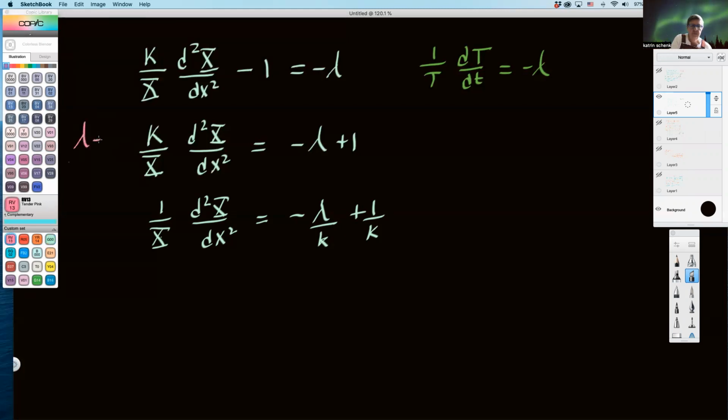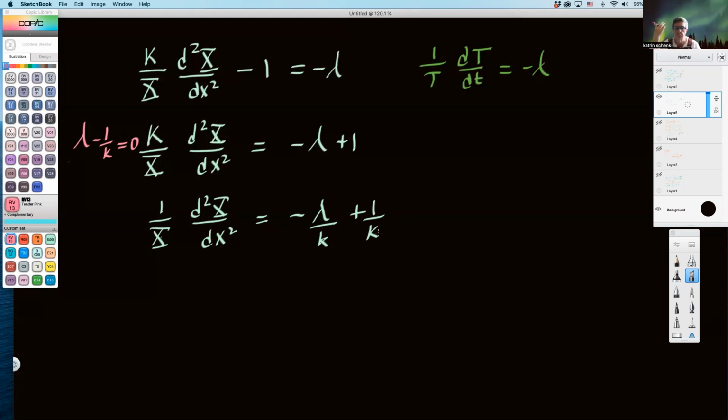That's their first condition, but I don't really have lambda minus 1 over K. Even if I multiply by a minus sign, which would give me lambda over K minus 1 over K, that's still not lambda minus 1 over K. This tells me that I haven't dealt with the constants the way WebAssign wants me to get the right answer according to them.